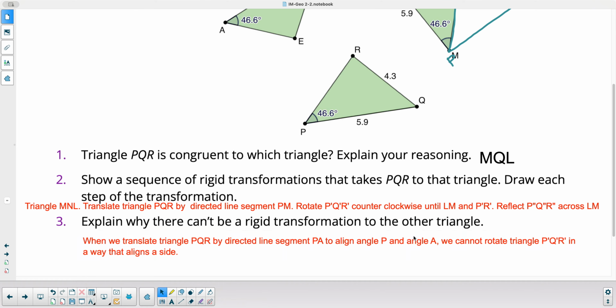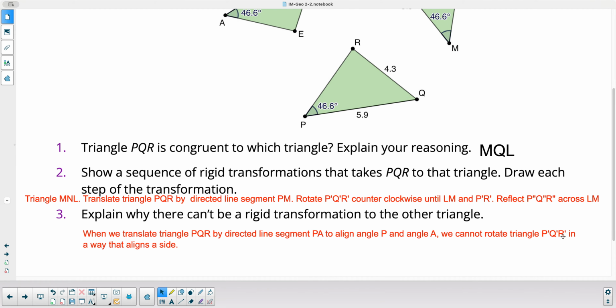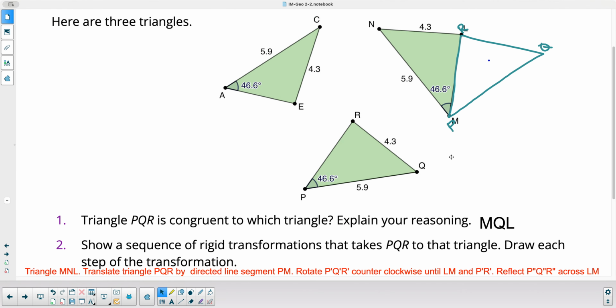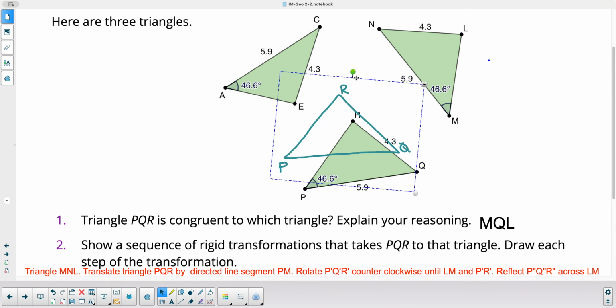So why can't rigid motions work on the other one? When we translate triangle PQR by directed line segment PA to align angle P and angle A, we cannot rotate triangle P prime, Q prime, R prime in a way that aligns the sides. So, kind of like I had over here. I'll take it back to where we were.